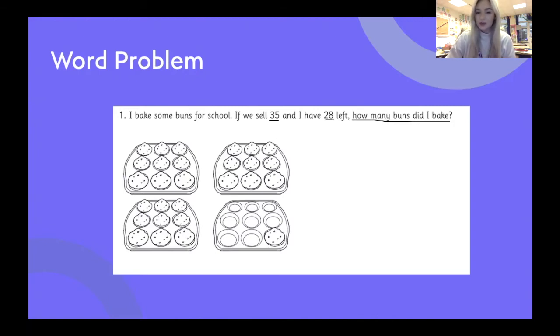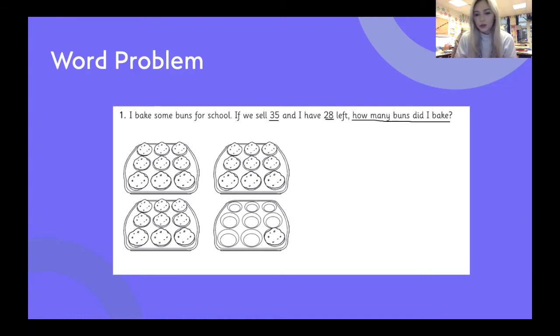Now, it doesn't matter that we've sold 35 and that we've only got 28 left. They're asking, how many buns did I bake altogether? Which means we're actually doing addition. We need to add these two numbers together, the buns that we sold and the buns that we've got left. I want to know how many buns altogether did we make? So we need to do some addition.